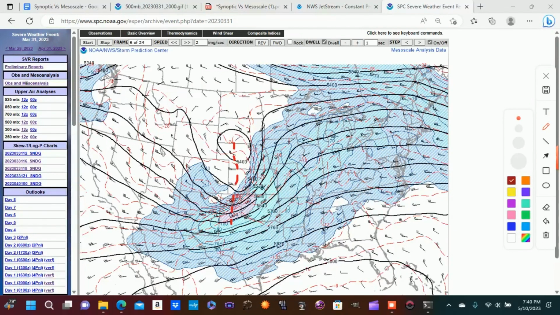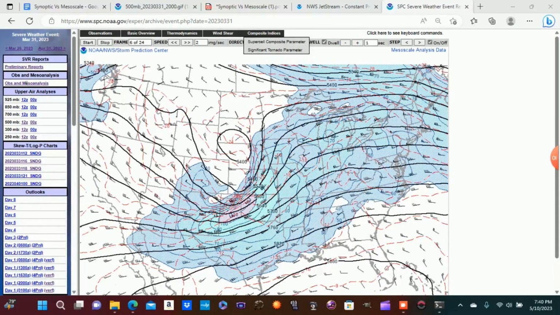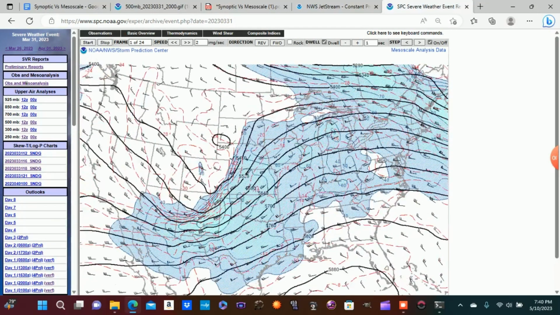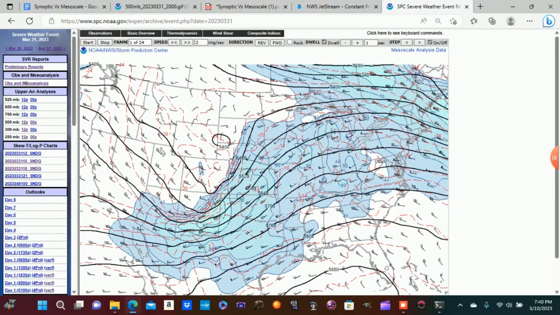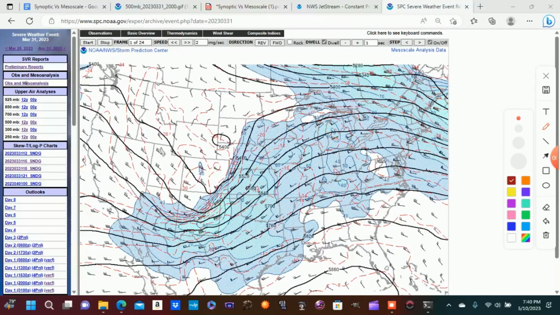And so let's scroll back here, to the morning of this, 7 a.m., and let's look at Kansas City, Missouri. Kansas City, Missouri is about right here. And so we're going to watch this 564 decameter line and 556 decameter line, and let's watch for our height falls here.